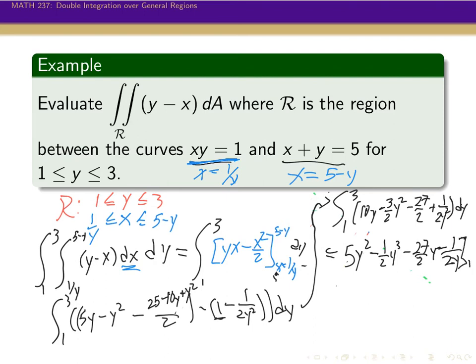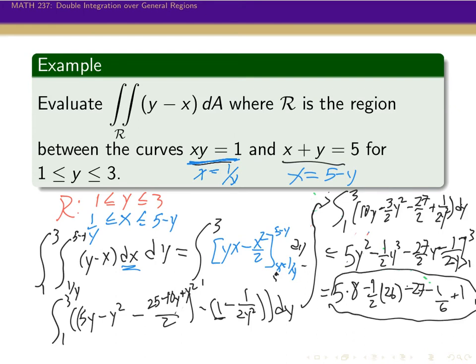And now we're doing this from 1 to 3, and so then that's just plugging it in. So we'd have 5 times 9 minus 1, which is 8, minus 1/2 times 27 minus 1, which is 26, minus 27 over 2 times 2, minus 1/6, and then lastly plus 1, whatever that big beautiful number is.